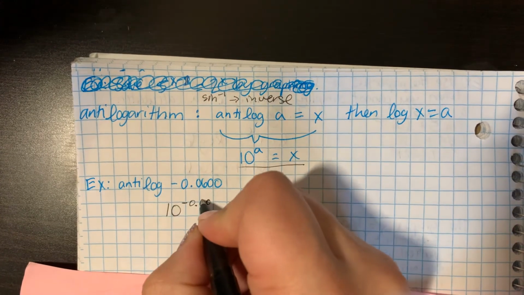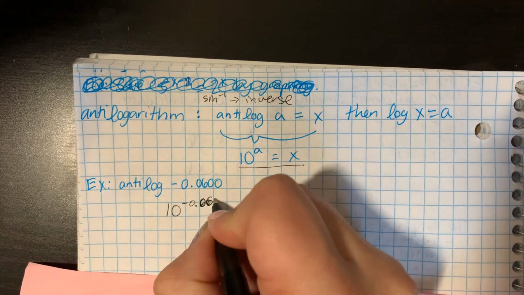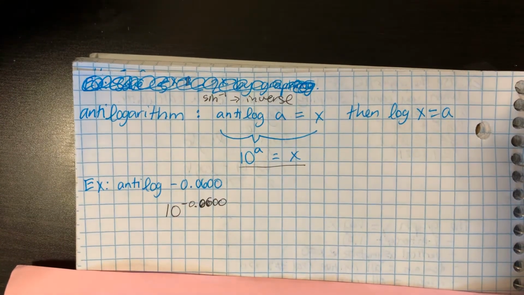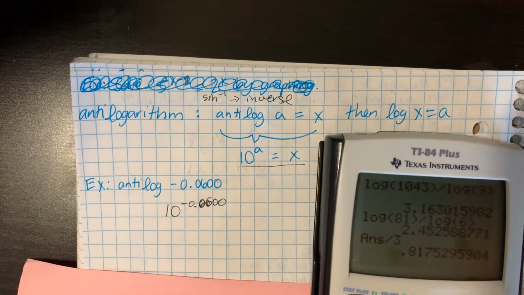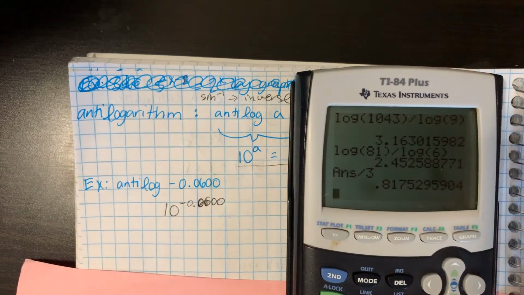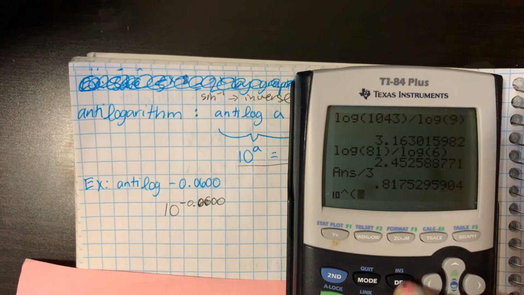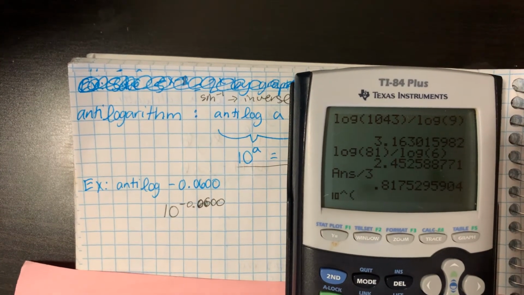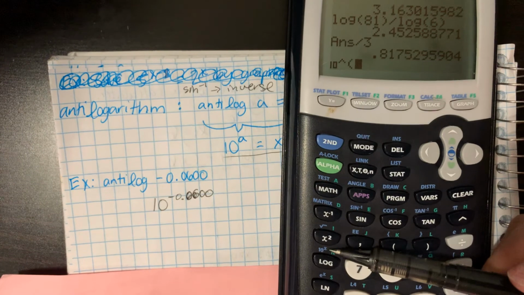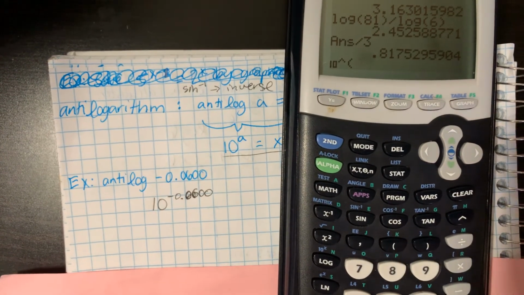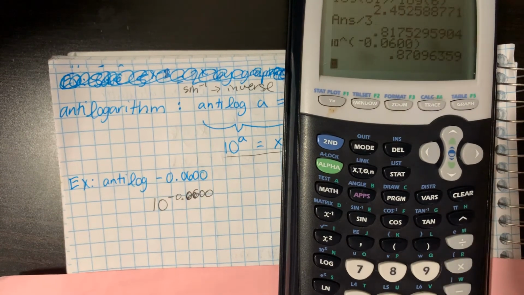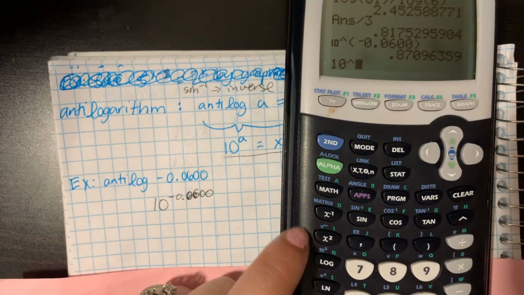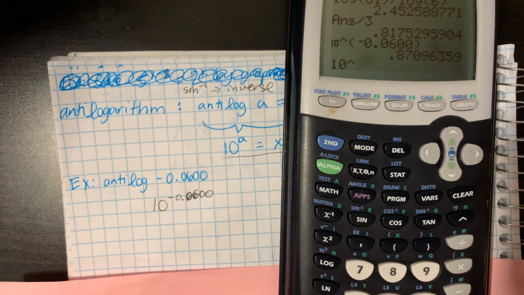Oh, that's a 0.6. And then legitimately taking that and throwing it into your calculator. You can push that button right here underneath the log, the anti-log button. But it is just the same as saying this as well.